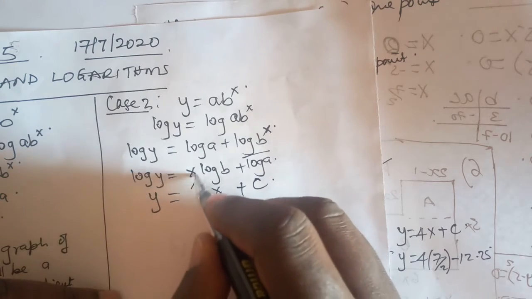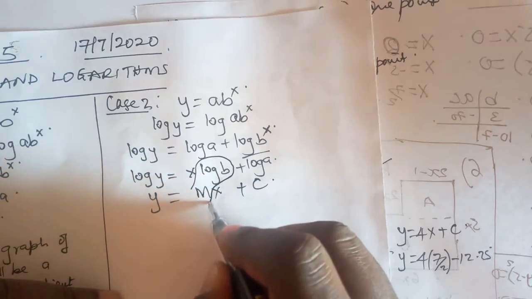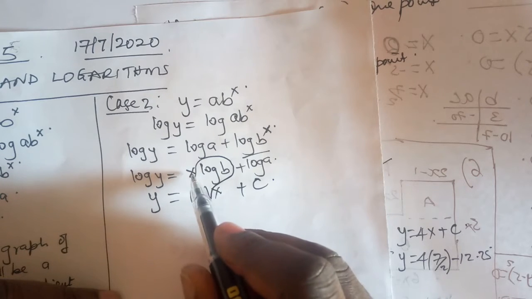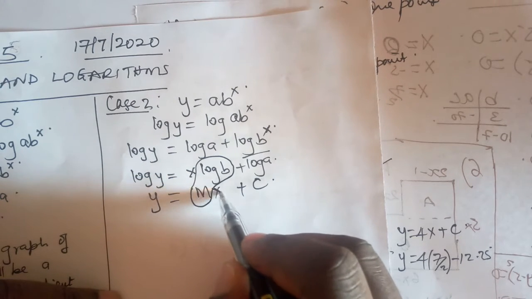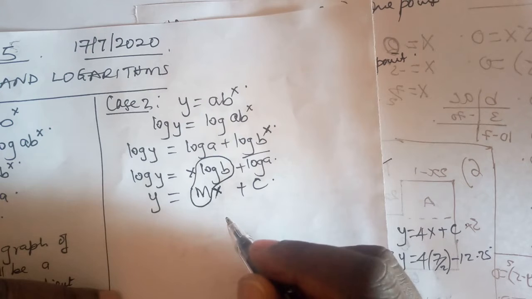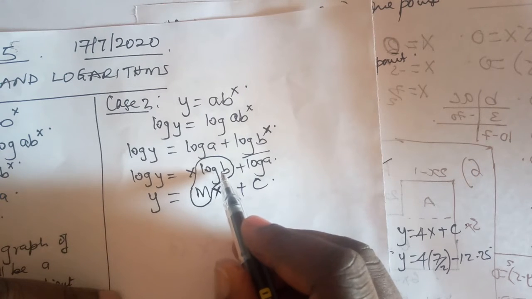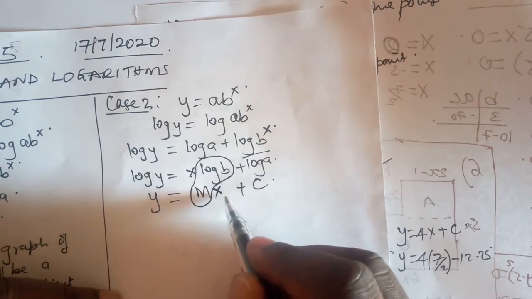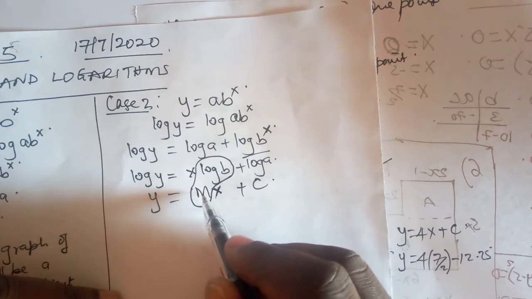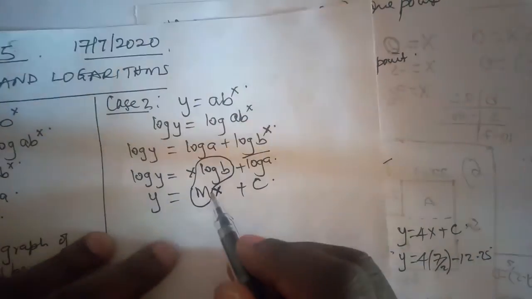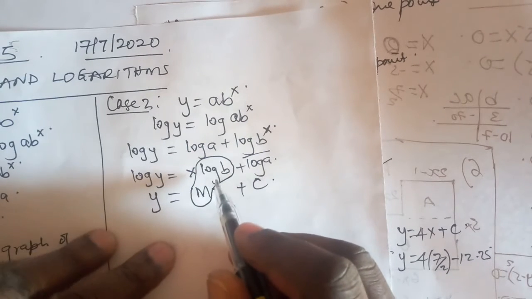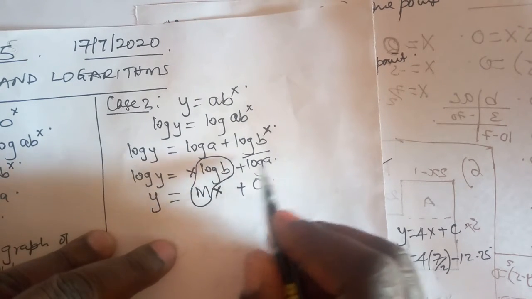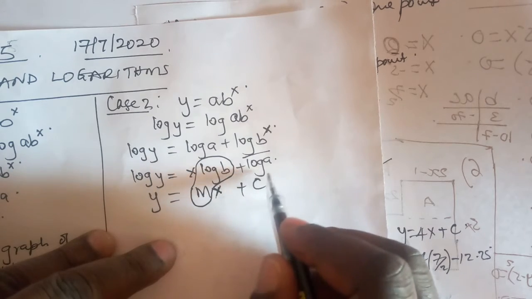The gradient of this kind of graph will be log b, because log b is the coefficient of x in equation 1, and m is the coefficient of x in equation 2. Now that we know generally that m is the gradient, in this case log b will be the gradient. Of course, the y-intercept will be log a.